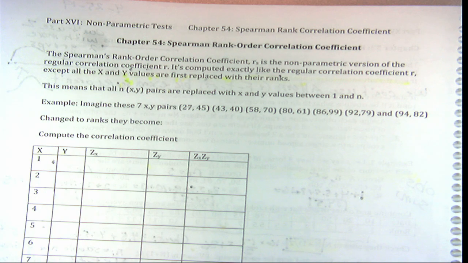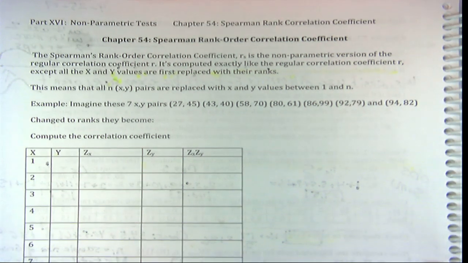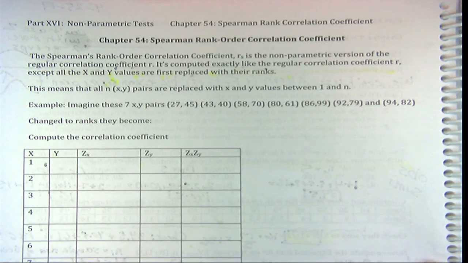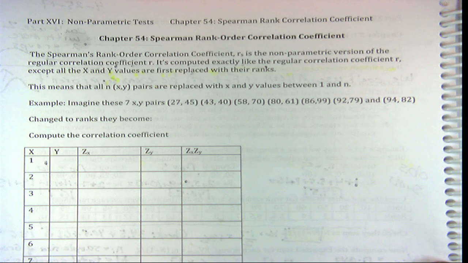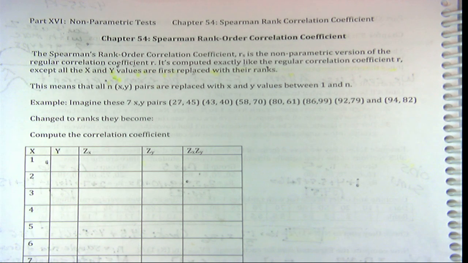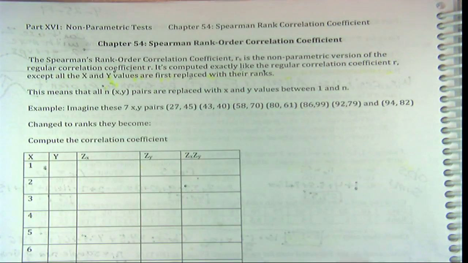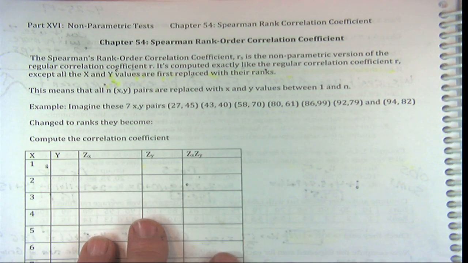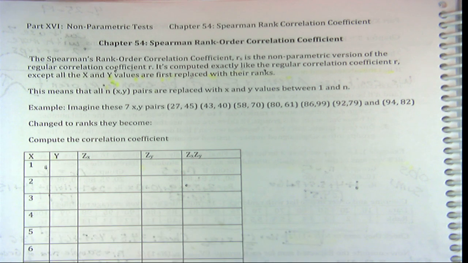All right, so we're going to finish early, I think. We're going to continue here, and this is the rank non-parametric test. The non-parametric tests that we're doing in this section are all rank tests. So this is the non-parametric equivalent of a regular correlation coefficient. So what do we have here?